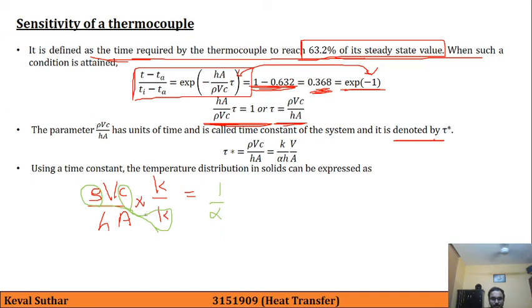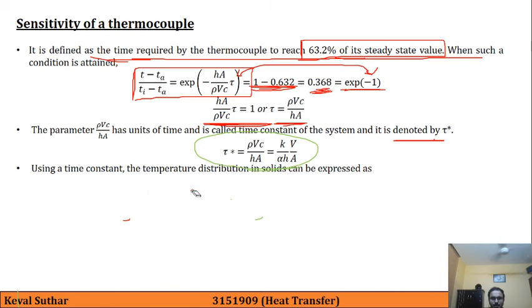If you see K divided by rho into C, here we already have V, we have K, and in the denominator we have h A. So the same thing is available here also. Okay, so we have simply multiplied and divided with K.